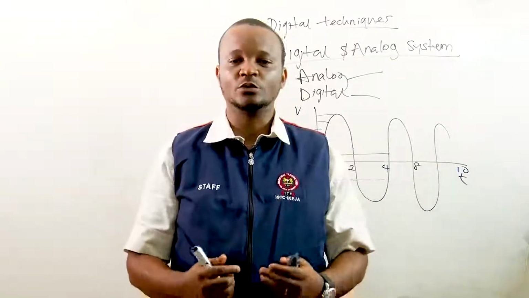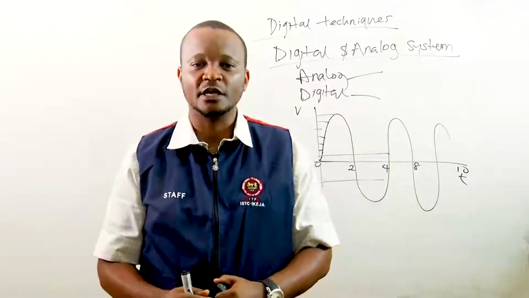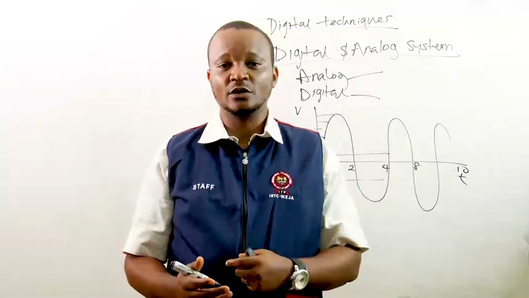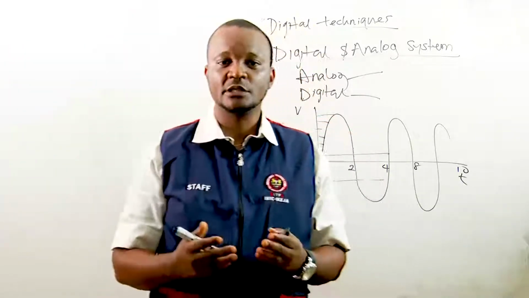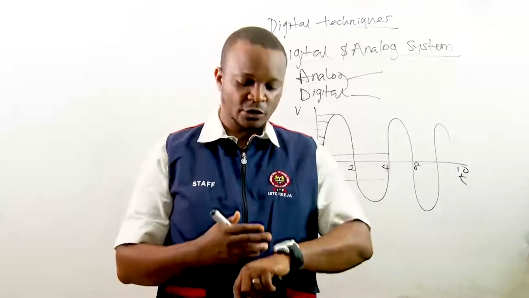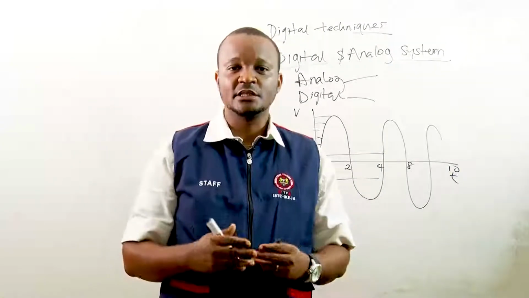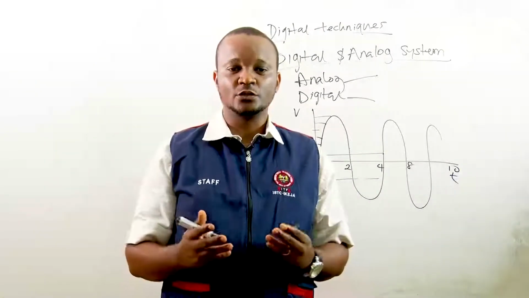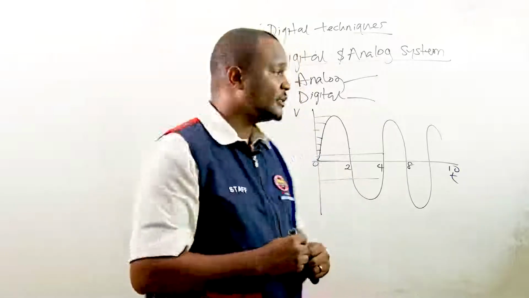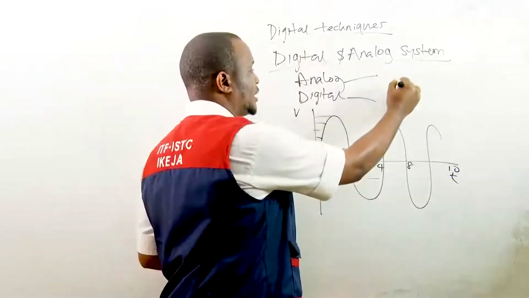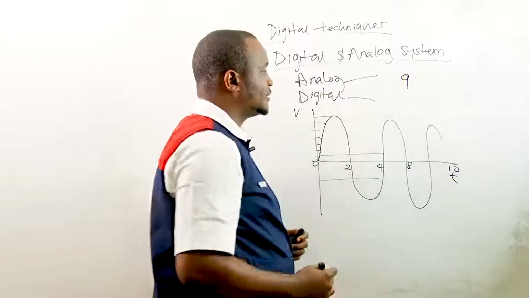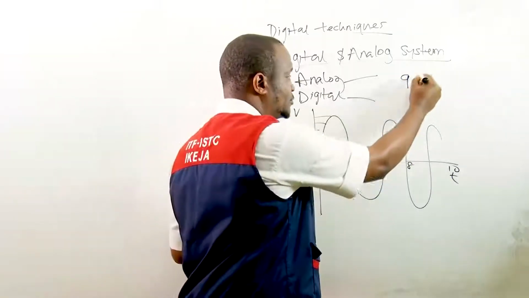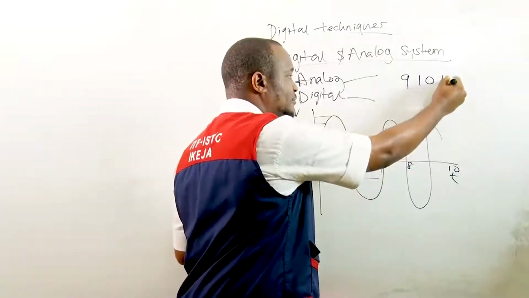For example, the watch which you may be wearing is an example of an analog device because the time of the day changes as you can see the second hand ticking. But in the digital world, if we have, for example, 9, it will take some time before it gets to 10, and then to 11, and so on.